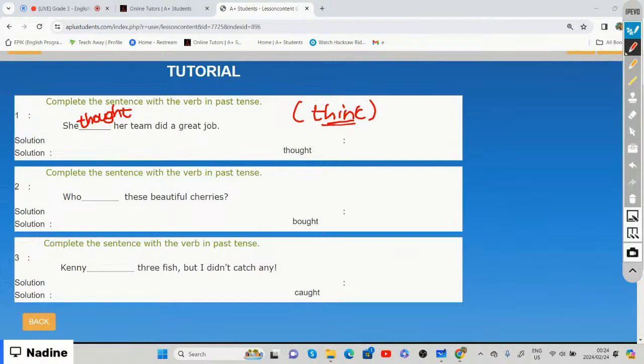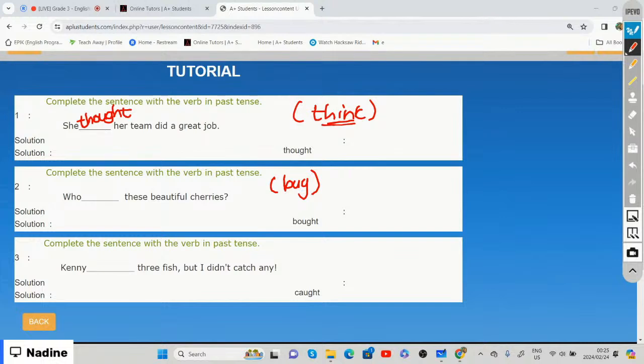Who these beautiful cherries? So we need to find the past tense of the word buy.